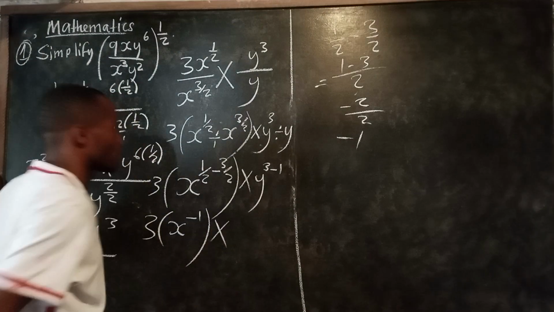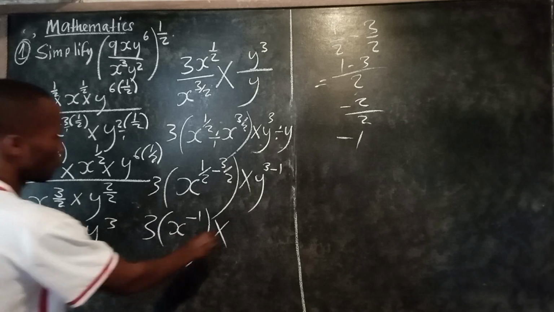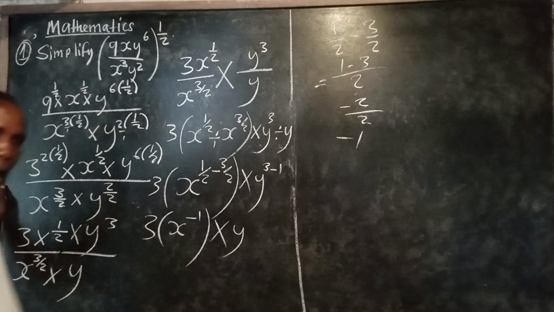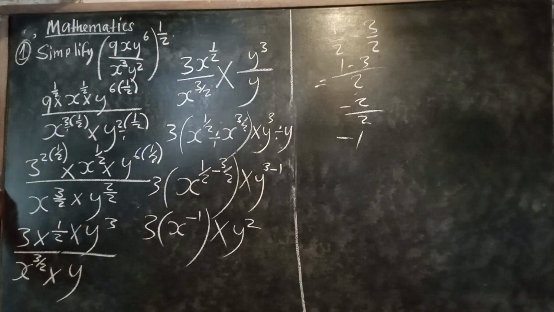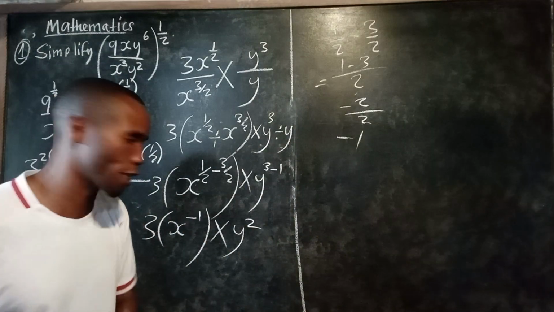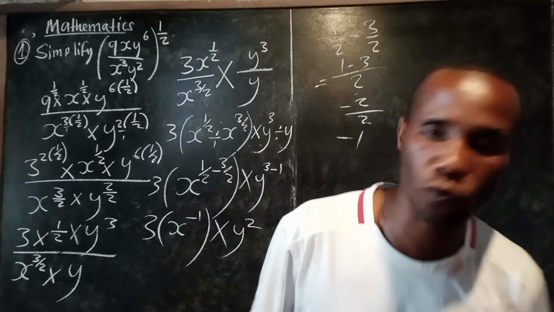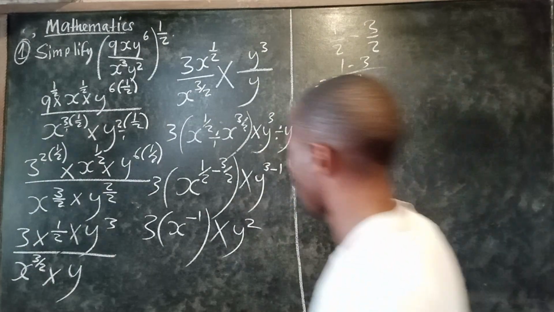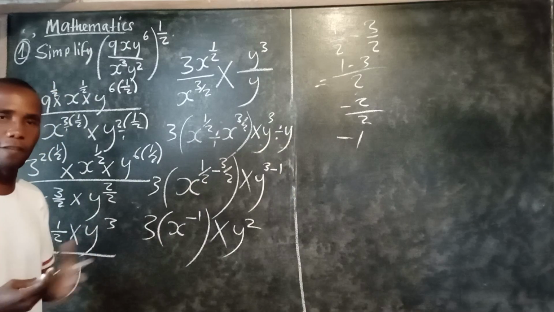Then times. Okay. Let's simplify the other one. Again, when we simplify this, we are going to have y, then 3 minus 1 is 2. Okay, so that is the new expression. Now, again, we are going to apply the rules of indices there. Okay, so we want to make this negative power a positive power.